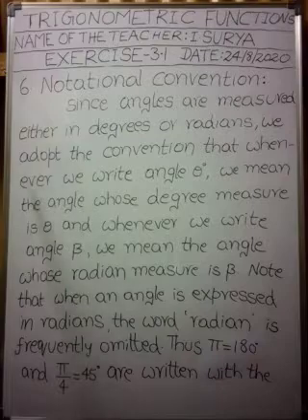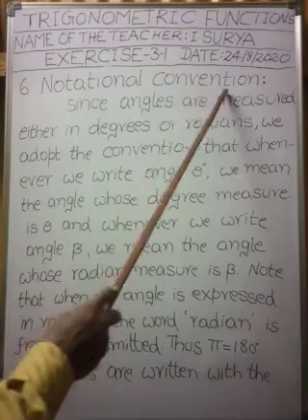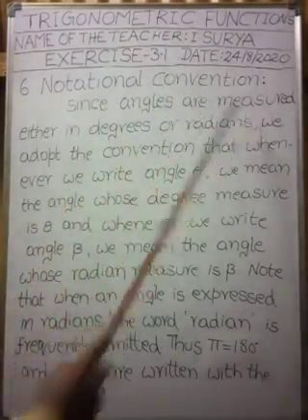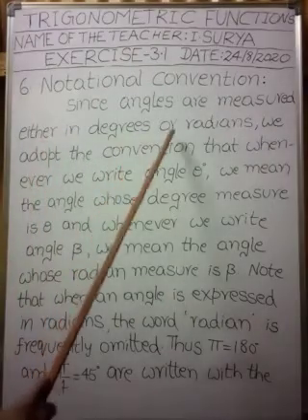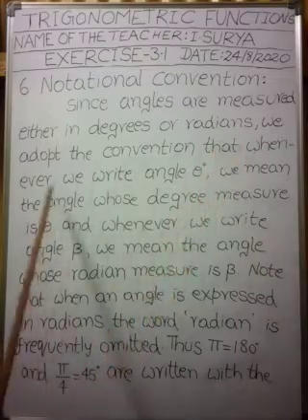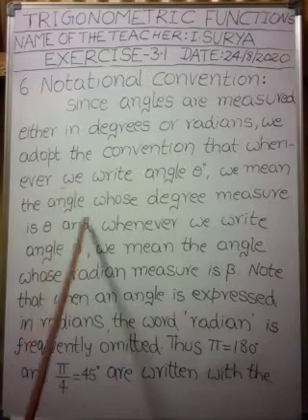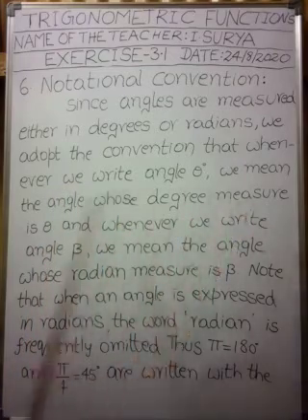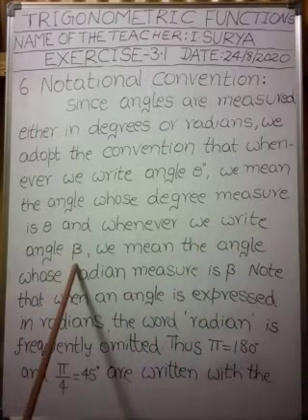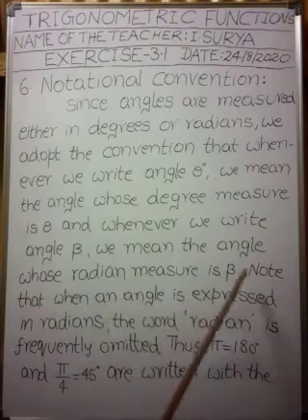Now come to the last point, that is the sixth point, notational convention. Since angles are measured either in degrees or radians, we adopt the convention that whenever we write an angle theta degrees, we mean the angle whose degree measure is theta. And whenever we write an angle beta, we mean the angle whose radian measure is beta.